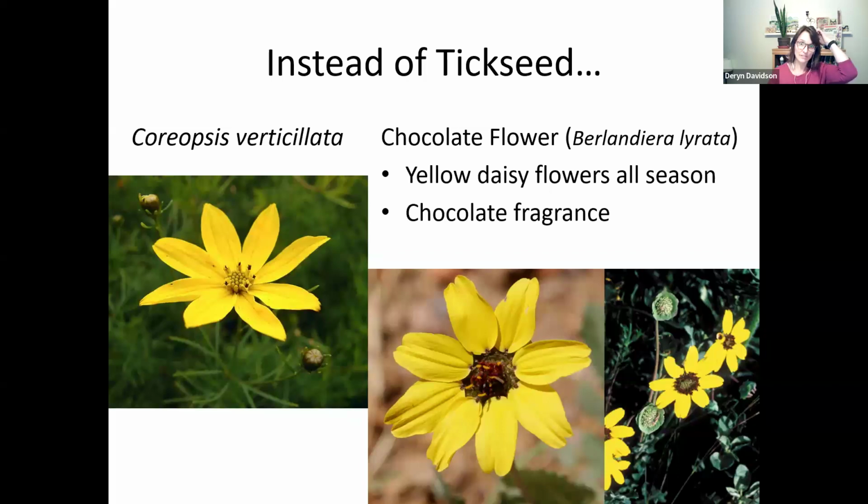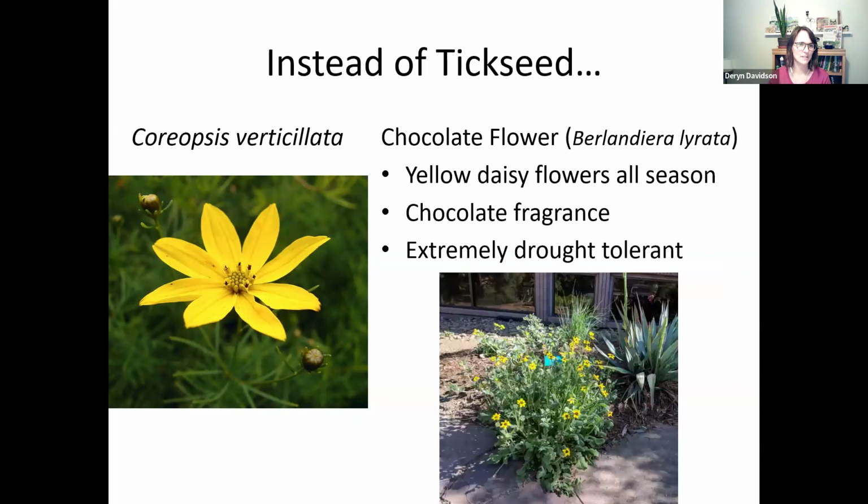It's called chocolate flower because it smells like chocolate, particularly when the sun has been on it a little bit and it's kind of warmed up. I think it smells specifically like Hershey's milk chocolate, not other kinds of chocolate, not dark chocolate, Hershey's milk chocolate. Again, extremely drought tolerant.